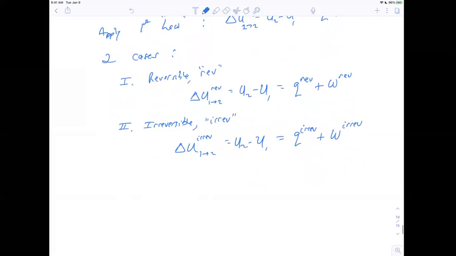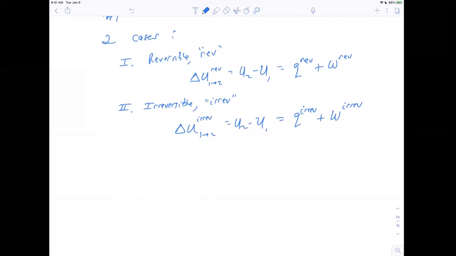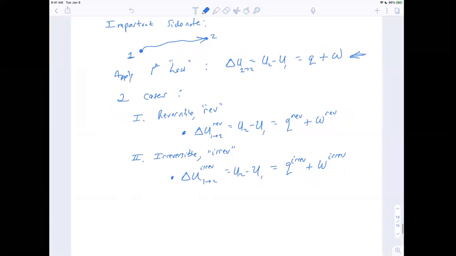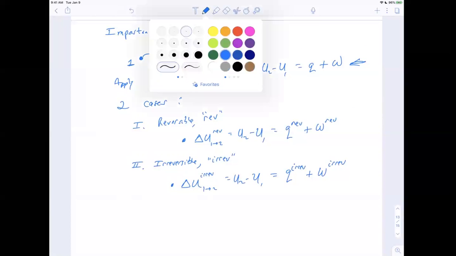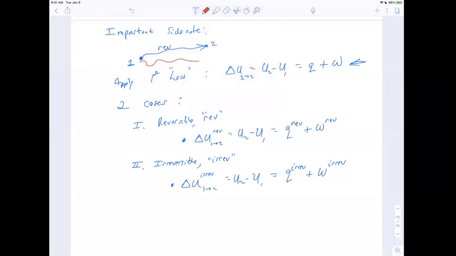All right, great. Now what we're going to do, since both of these expressions give us delta U between states 1 and 2, and we know that delta U between states 1 and 2 is a number. It doesn't matter how you go from 1 to 2, whether it's reversible or irreversible. And so I could label this one as the reversible, and I could come up with some arbitrary path, which is irreversible. So this one is the irreversible if you want. It's just one of many irreversible paths you could have.